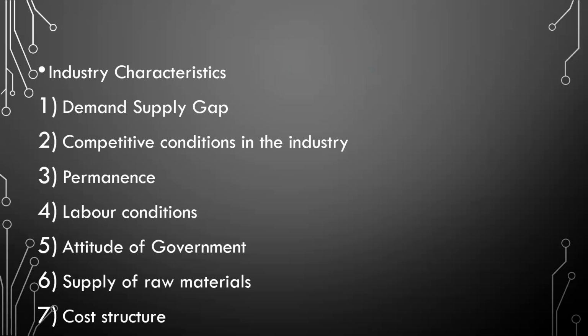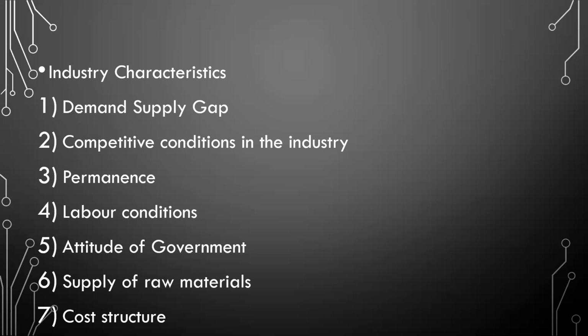Now, if the supply is more than the demand, then the price is going to fall and the profits enjoyed will go down. So we need to consider whether the industry in which we are planning to invest has an excess supply or an excess demand, and then decide whether to invest or not. It's advisable to invest in those industries which have less supply and more demand.